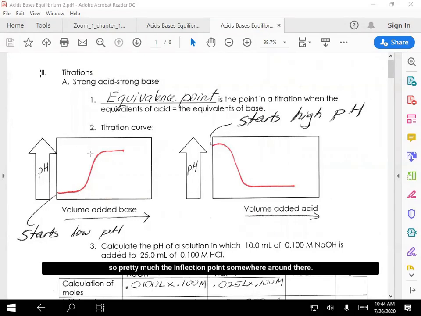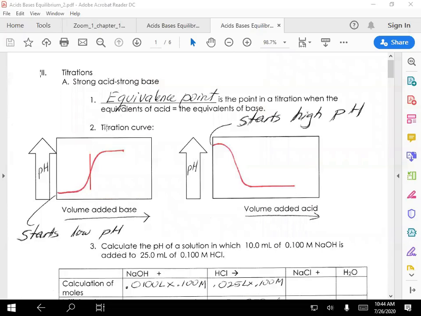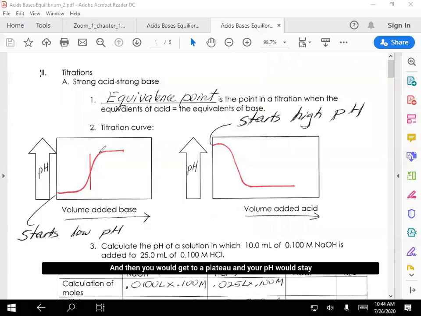So pretty much the inflection point, somewhere around there. And then you would get to a plateau and your pH would stay constant. So your equivalence point would be at this midpoint.